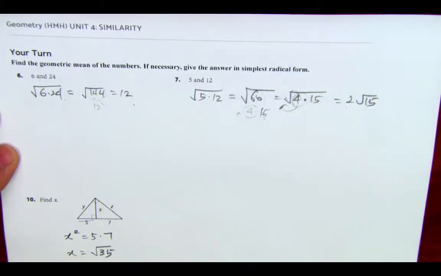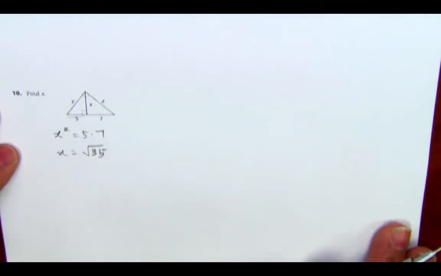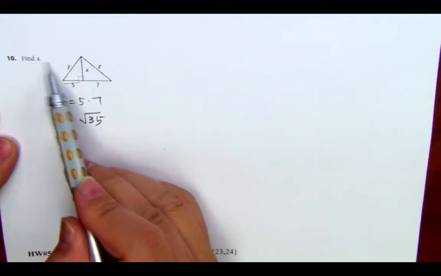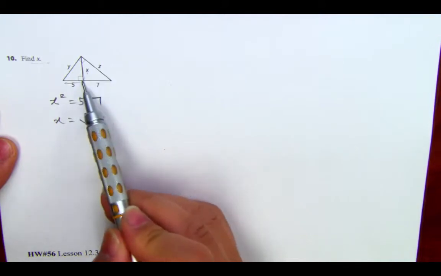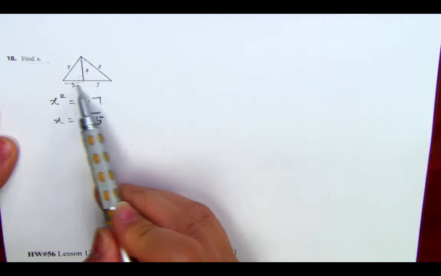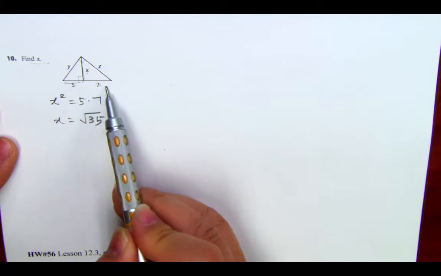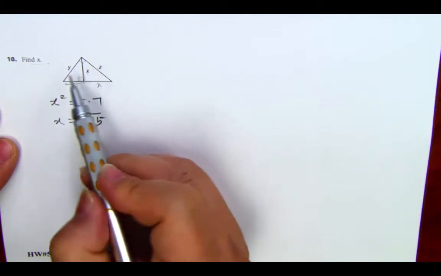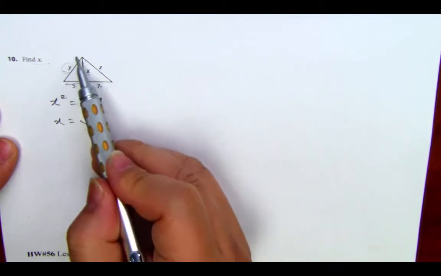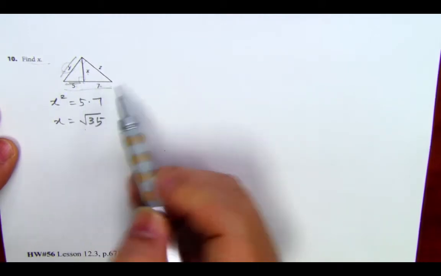All right, in this particular question, they're asking you to solve for x, which we know is that x squared is a product of the two parts of the big hypotenuse, right? So x is root 35. So if you're looking for y, once again, y squared is this times the whole thing.